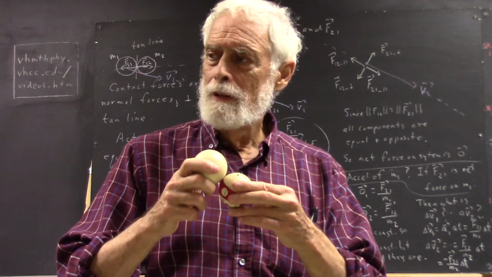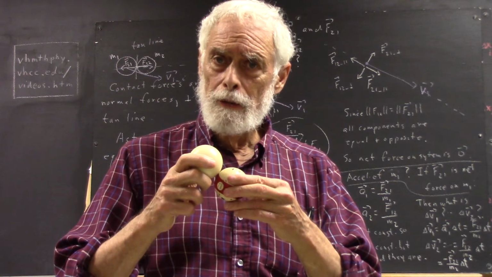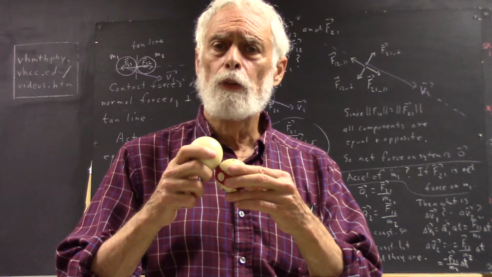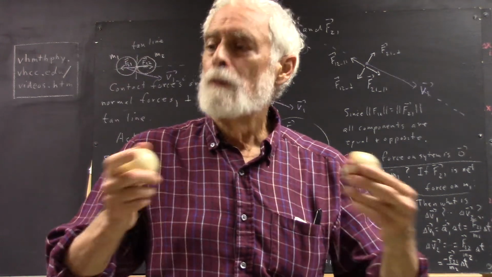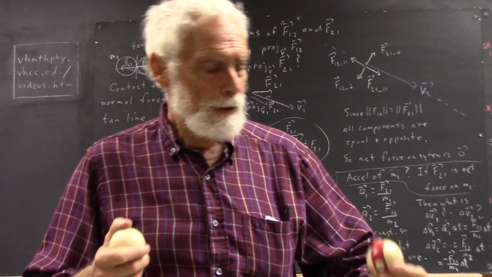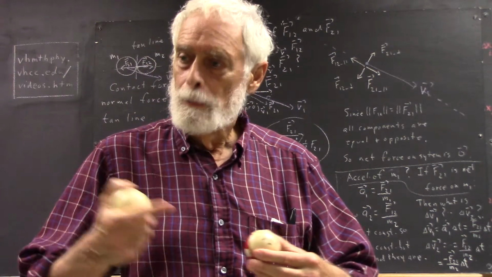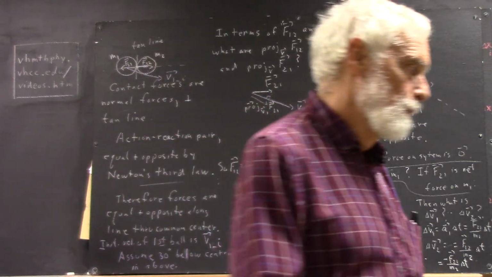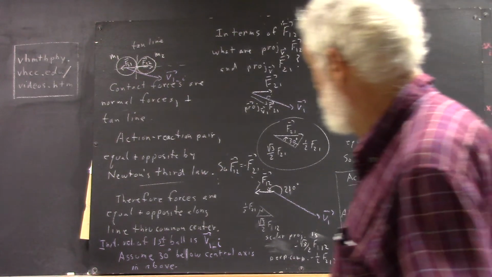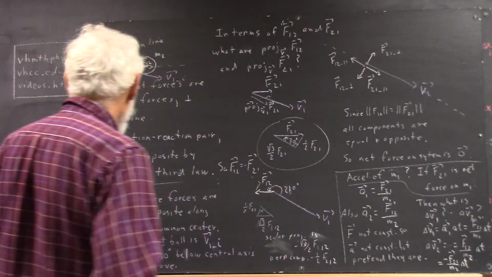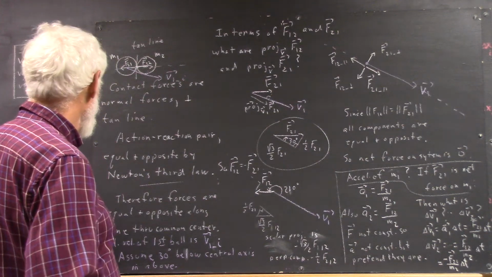The force they exert on one another, each of those forces, is a normal force. It comes about from compressing one of the balls, and it then wants to decompress and exerts a force on the other ball. There's a more specific way to talk about those forces, but intuitively that works, and that's pretty much all we need right now.